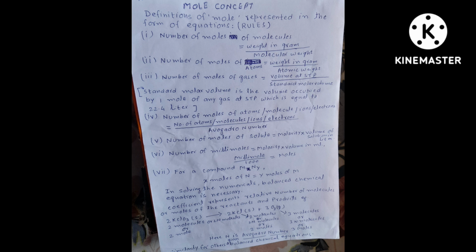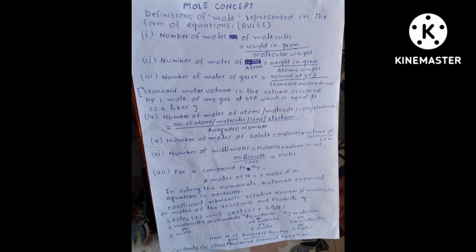percentage composition. What is actually percentage composition? I want to give you an idea. Suppose you are talking about H2O, the water molecule. Then its molecular mass you can easily calculate.